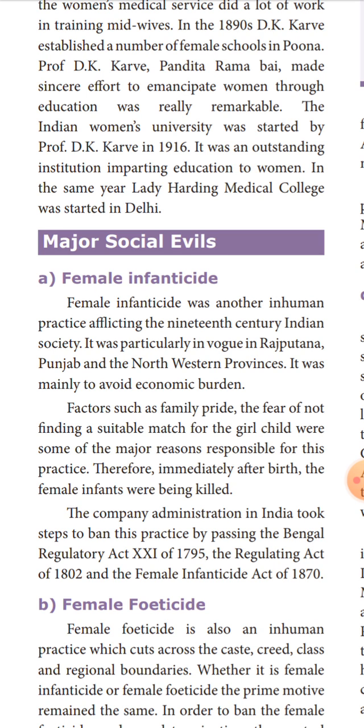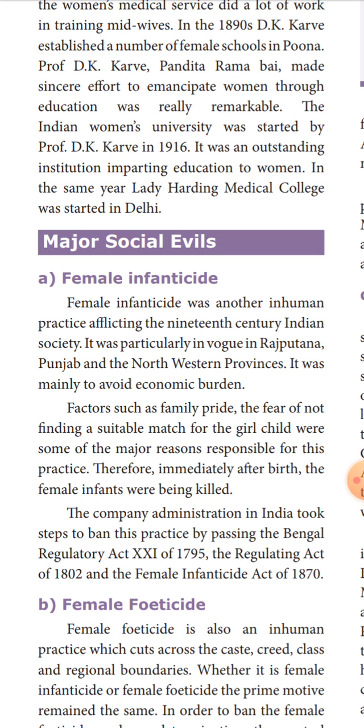If a girl child was born, they would have to find a groom for her, and there was the fear of not being able to find a suitable partner for the baby girl. They thought that if a boy was born it was very good, but if a girl was born it might bring a loss of pride.